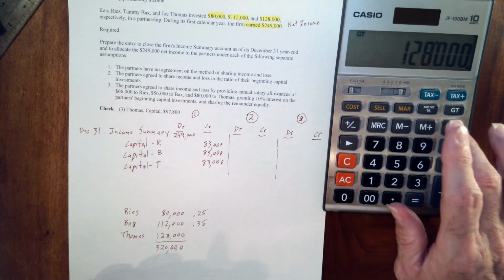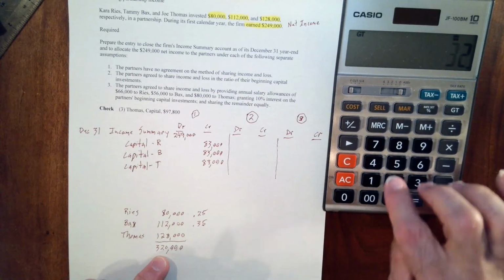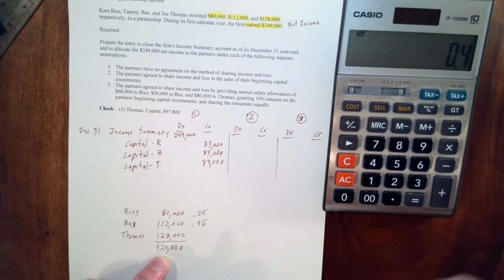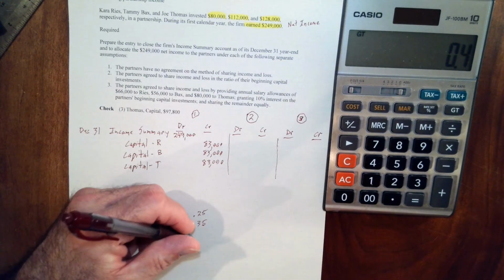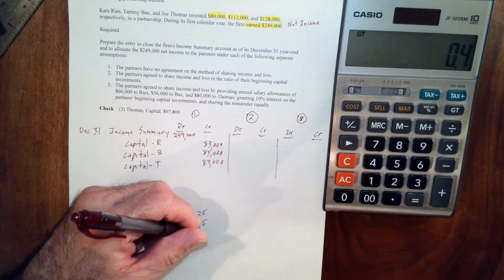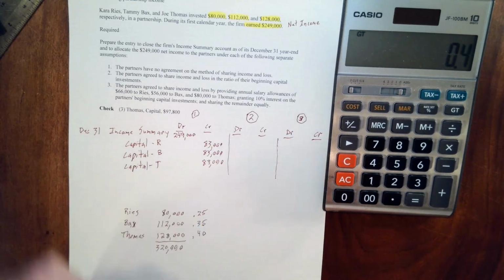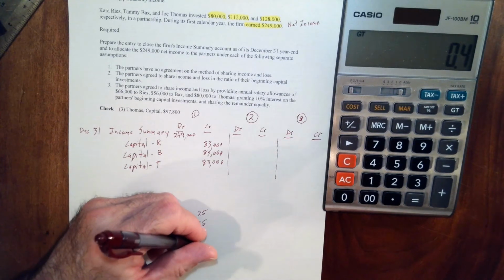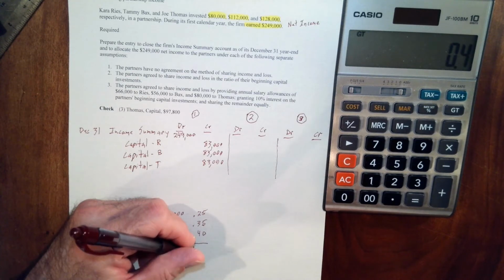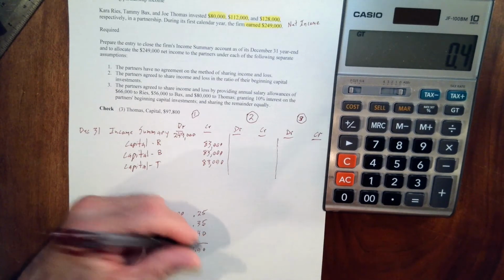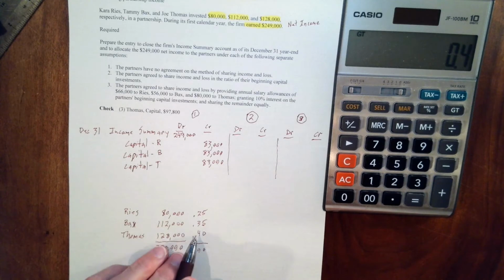We're going to divide that by 320,000, and that gives us 40%, 0.40. Now if I did this correctly, all of this should equal 100%, 1.00. And 25 plus 35 plus 40 does indeed equal 1.